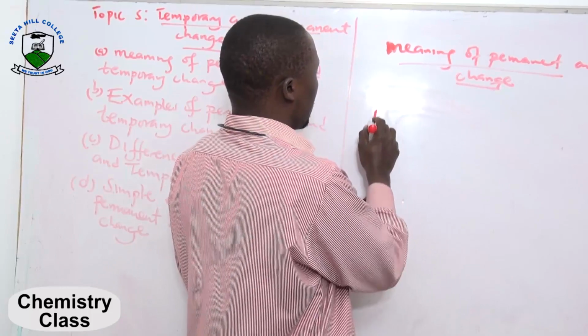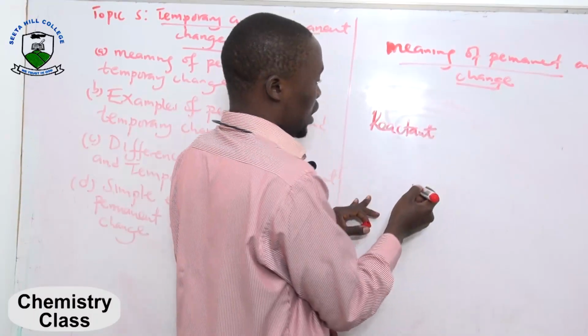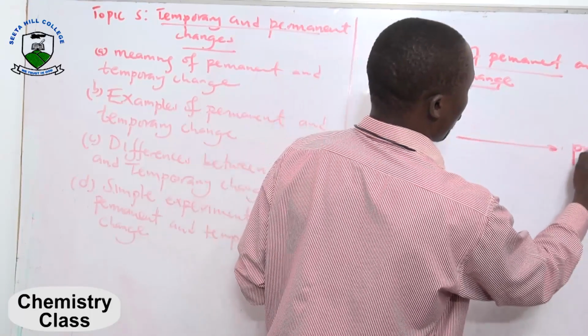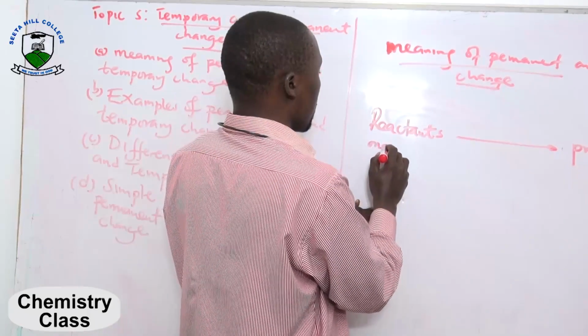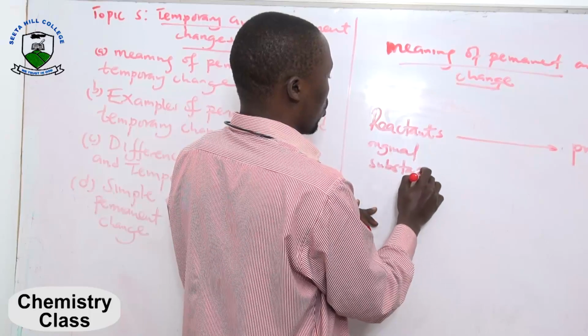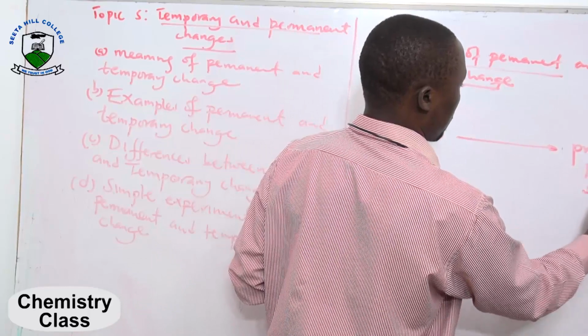Now, for a change to be chemical, it must have two different things which we call reactants changing into new things. Original substance giving us a new substance.